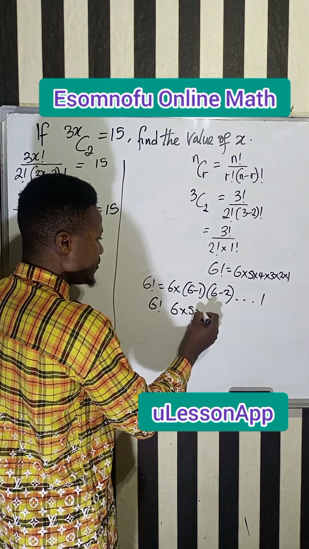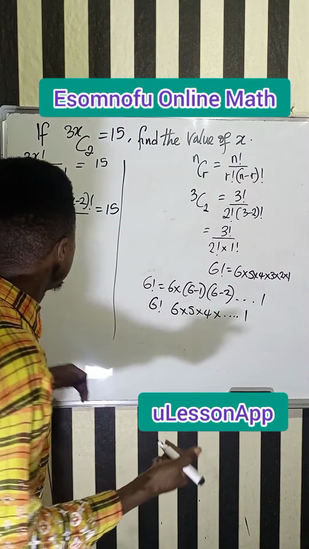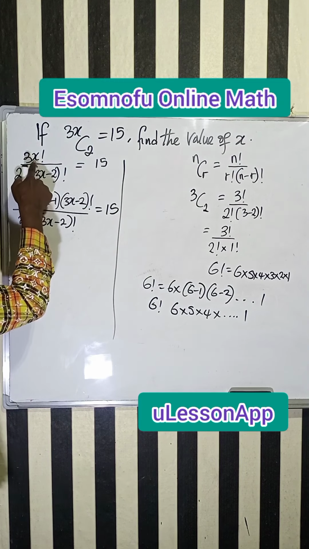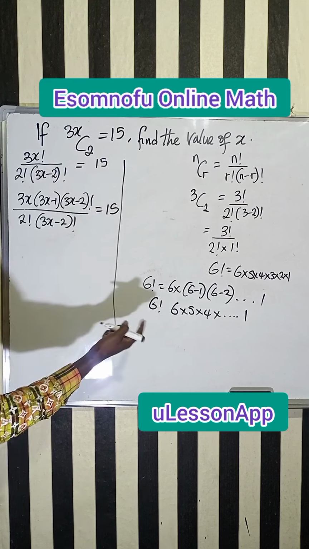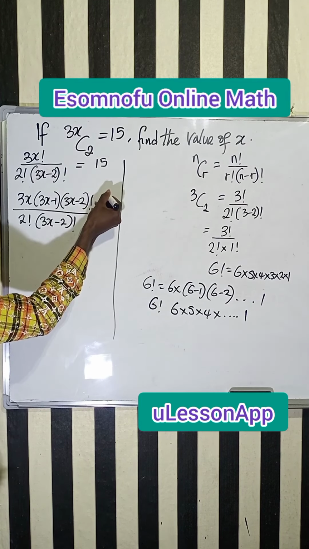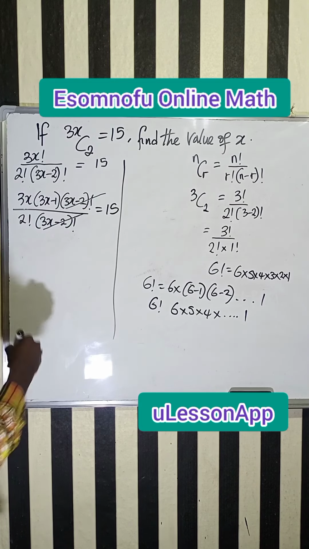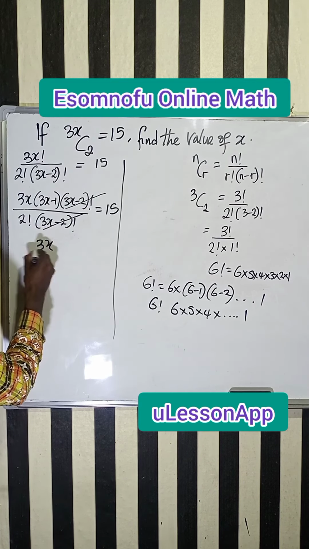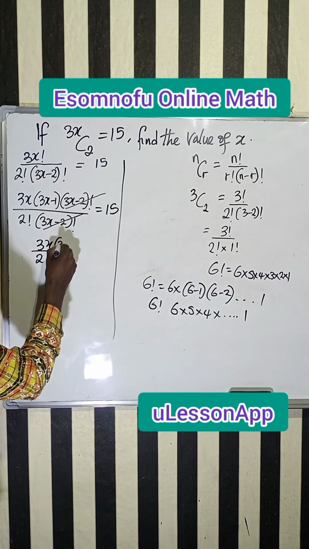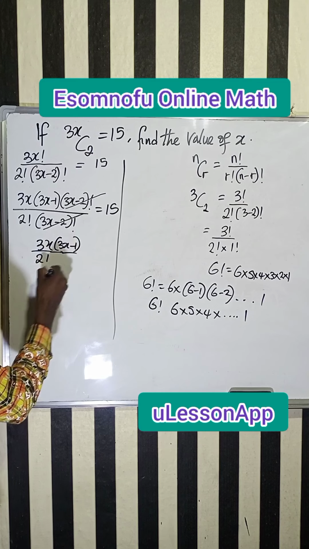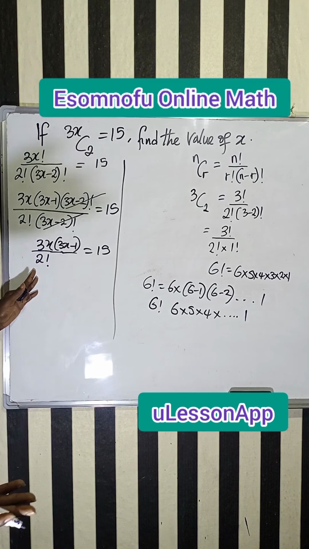So don't be confused when you see me changing 3x factorial into 3x, bracket 3x minus 1, bracket 3x minus 2. The idea is to ensure that this 3x minus 2 factorial will cancel out 3x minus 2 factorial, so that we shall be having 3x into 3x minus 1 over 2 factorial is equal to 15.